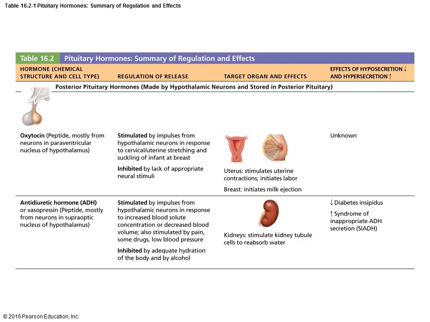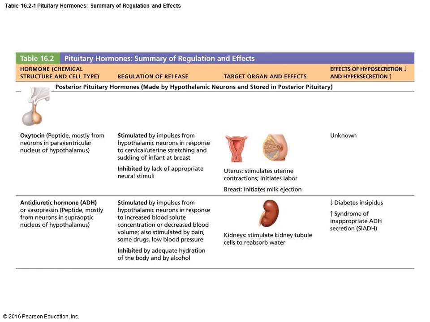This table is showing, for both the two hormones, oxytocin and the antidiuretic hormone, that these are stored in the posterior pituitary, and how they're stimulated, how they're inhibited, and what the target organ is.